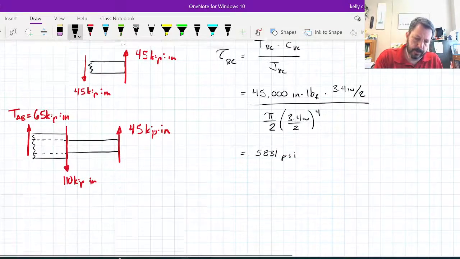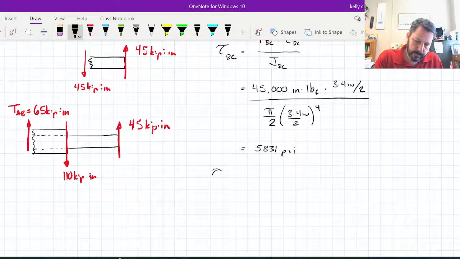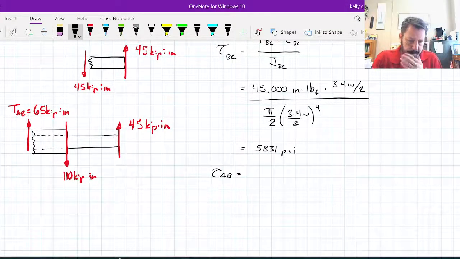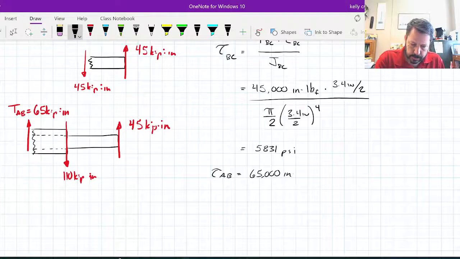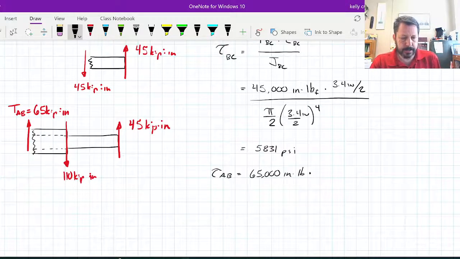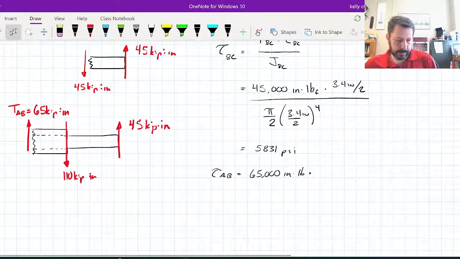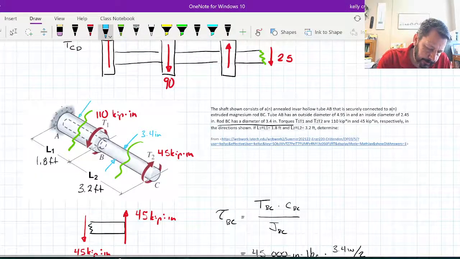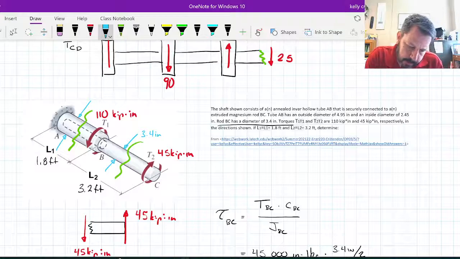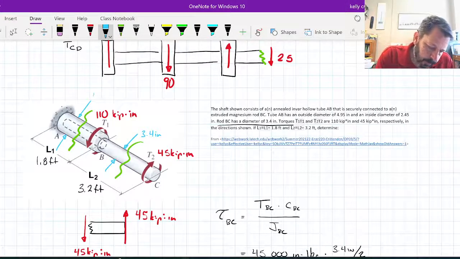All right, so let's do our tau for AB. It equals the torque in AB, which is 65,000 inch-pounds, times the outer radius, which I didn't write down. Let's see. Tube AB has an outside diameter of 4.95 inches.